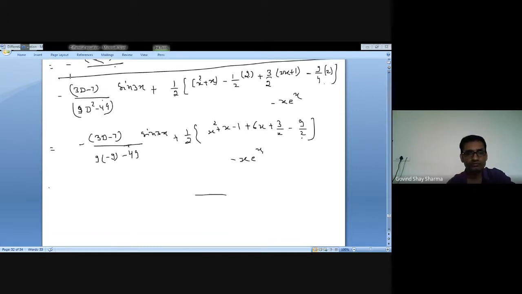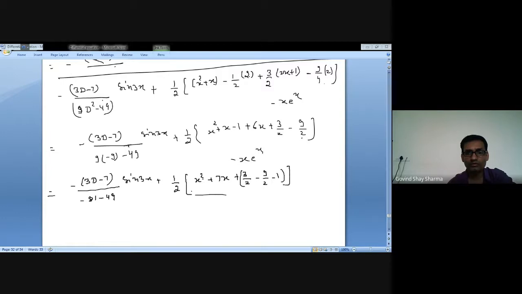Now we can do minus 81 minus 49, sin 3x, plus half, x square plus 7x plus 3 by 2 minus 9 by 2 minus 1.